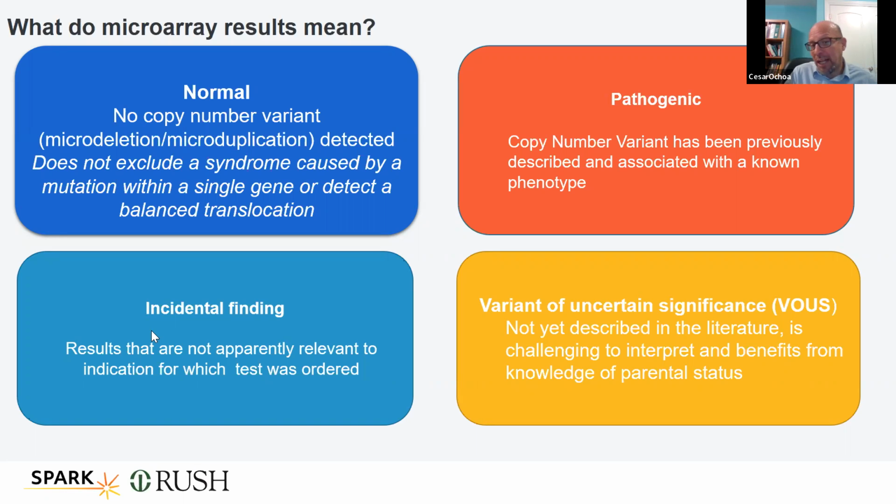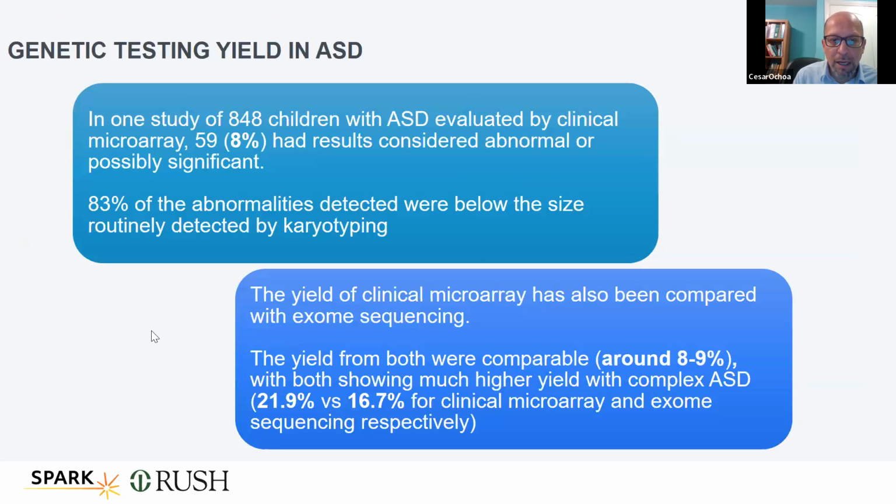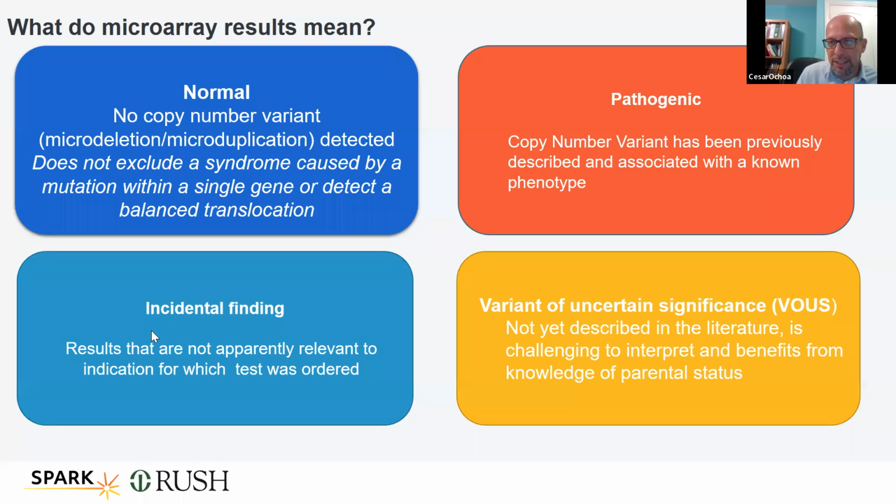The problem is that we get a lot of results which are called a variant of uncertain significance. So we found something, but we don't know what it means because it's not been described in the literature. And that can be frustrating for parents. So what we do in these cases is we test parents, and then we try to interpret that based on parental testing.